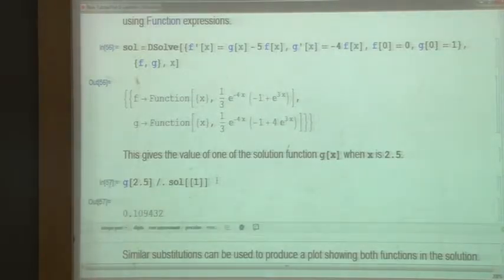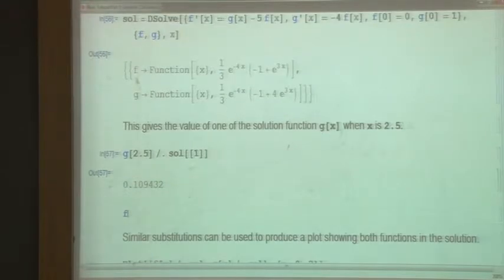What if you want to find out the solution function f of x when x is 2.5? What will we do? The same. We will type f, 2.5, and then replace with sol 1 or sol 2?